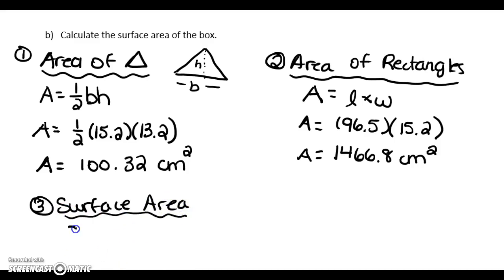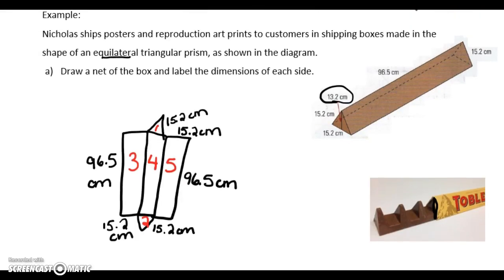I'm going to shorthand this as SA. So your surface area is equal to the area of your shape number 1, plus your second shape, plus your third shape, plus fourth, and your fifth shape. If you go back and look at your net, your first and second shape were those two triangles, and then third, fourth, and fifth are those rectangles.